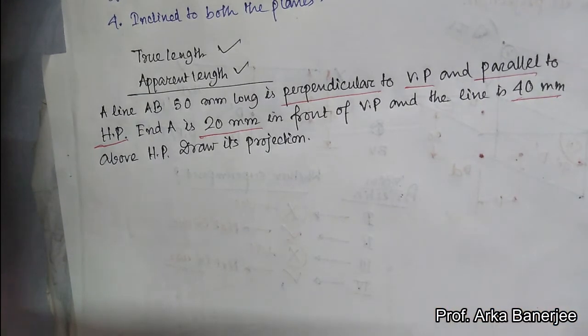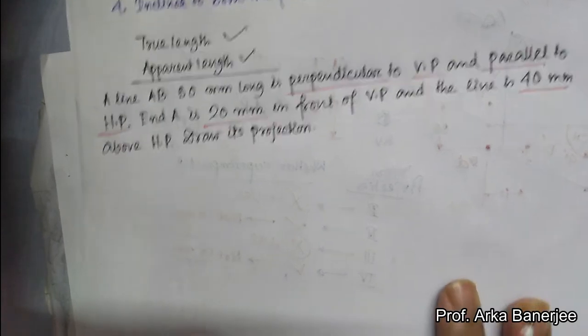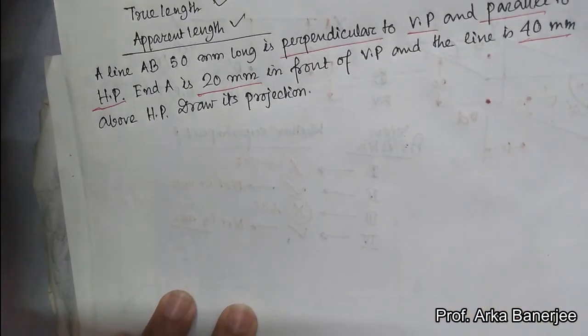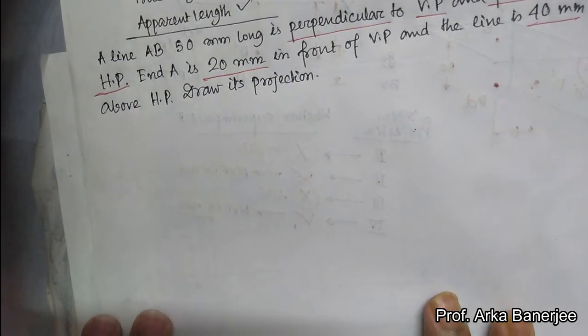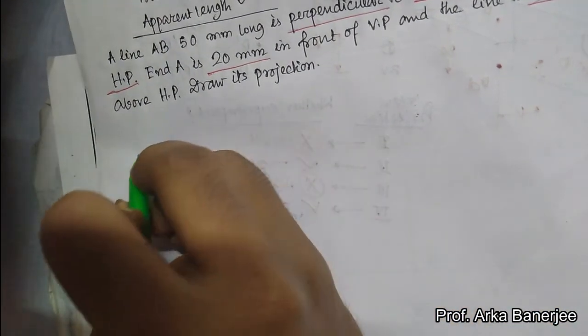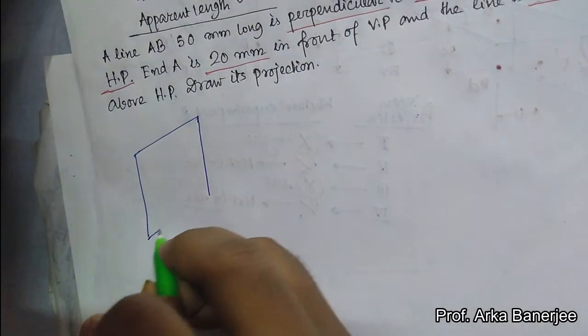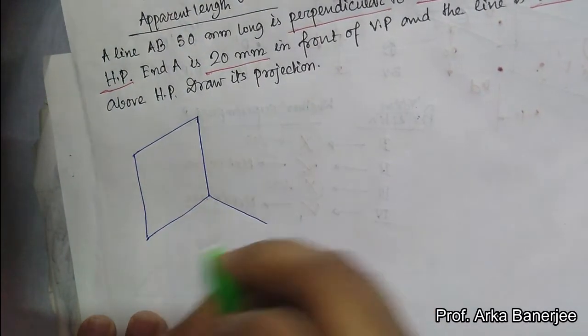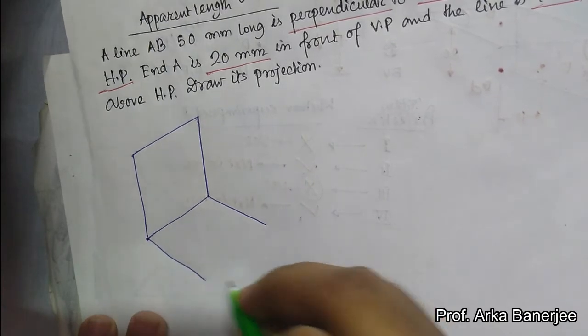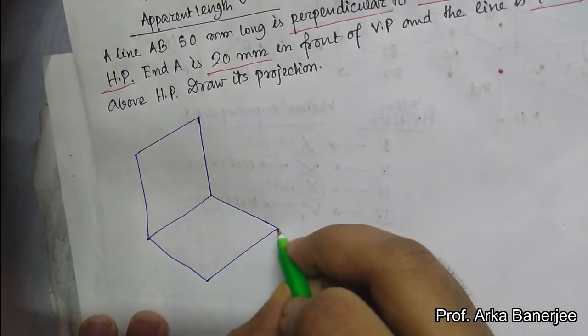We need to draw its projection. So for concept, we will first draw the three-dimensional view. So this is the vertical plane, and this is our horizontal plane.